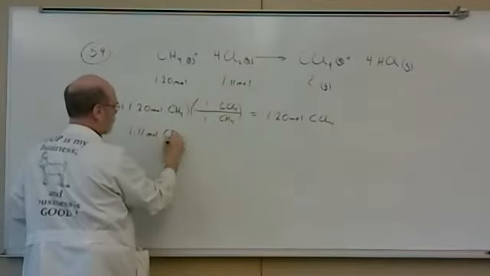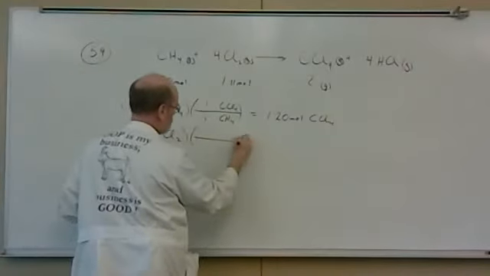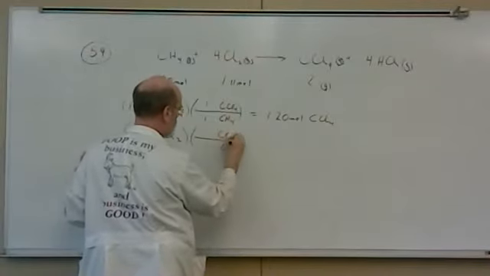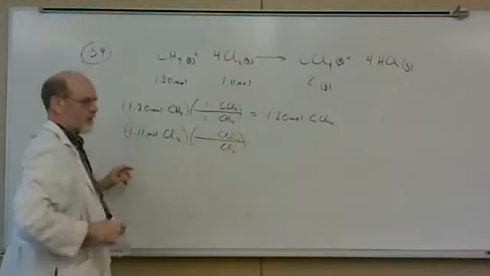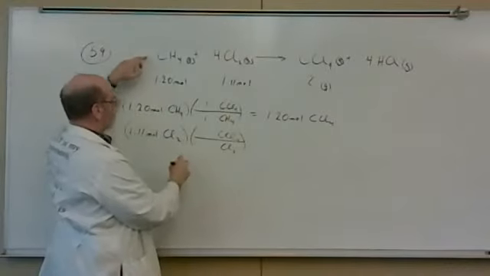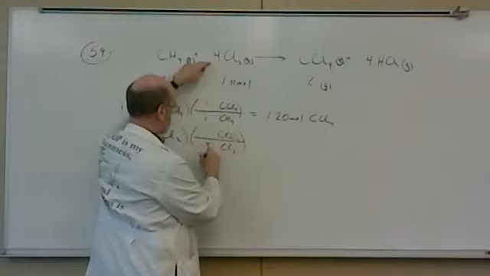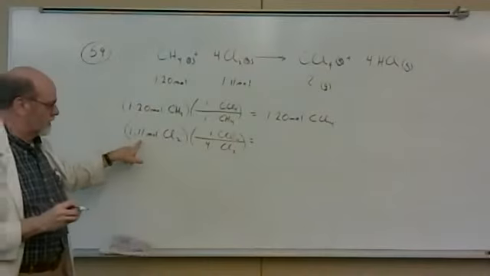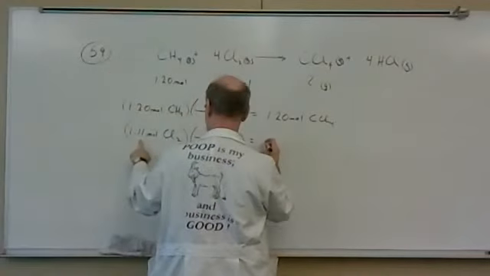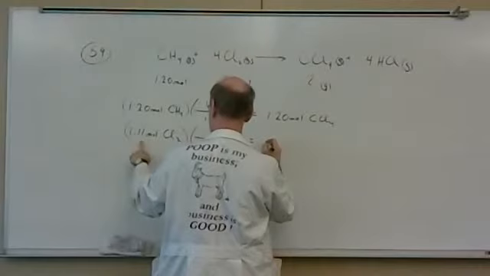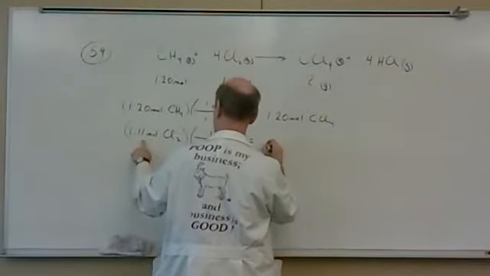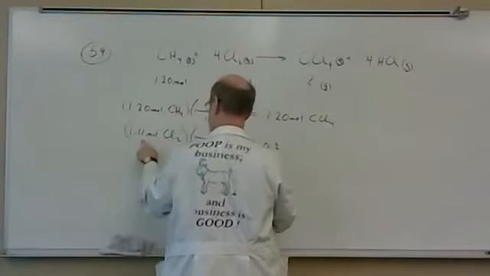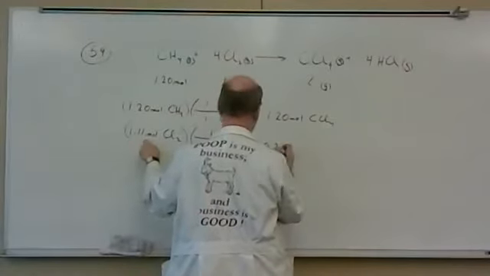Moles of chlorine. So we got to get rid of the chlorine and leave us with carbon tetrachloride. So what's the ratio here? Well, it's still 4 chlorines and 1 carbon tetrachloride. So you divide 4 into this. See if I can do that in my head. 2, 3, not quite 3, so 2. And then 4 into, it's about 8.